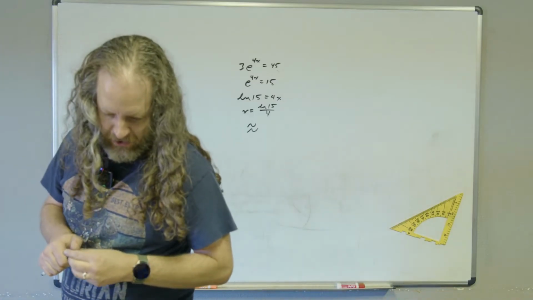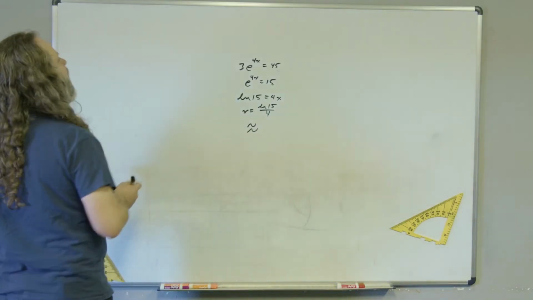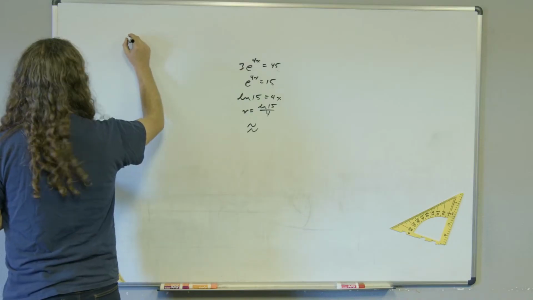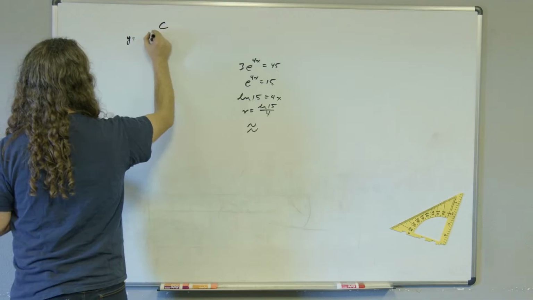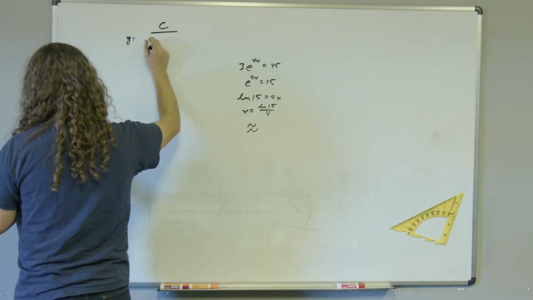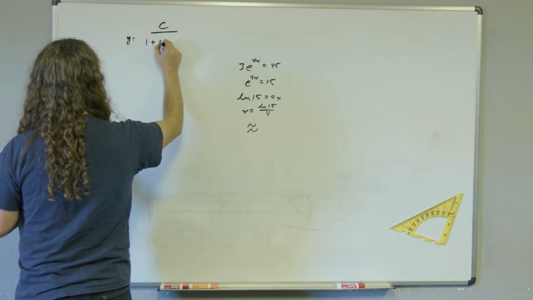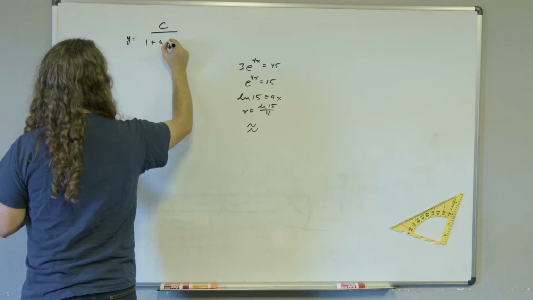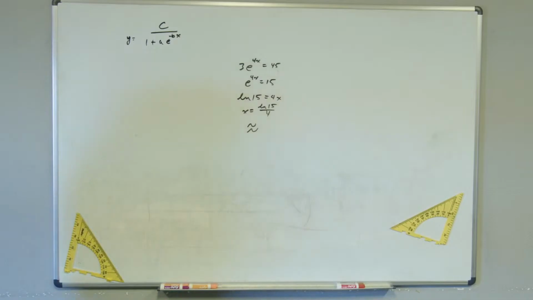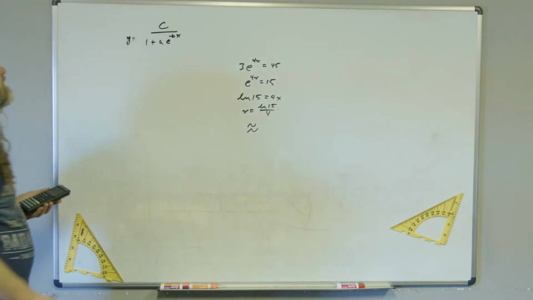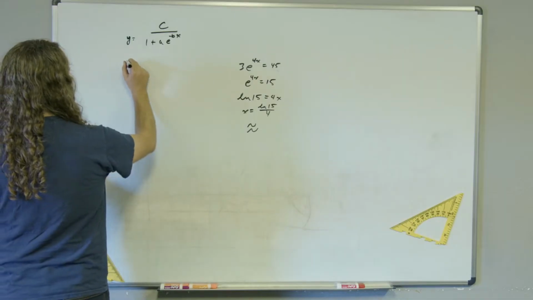So the format for logistic is y equals c over 1 plus a e to the negative bx, which your calculator will spell out for you if you don't even know that. I did find that. I just was doing the wrong function entirely.